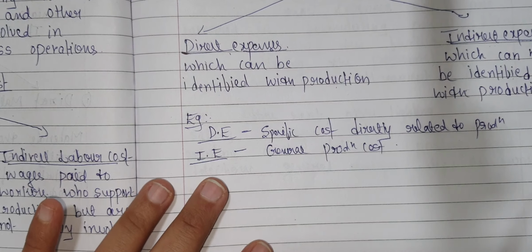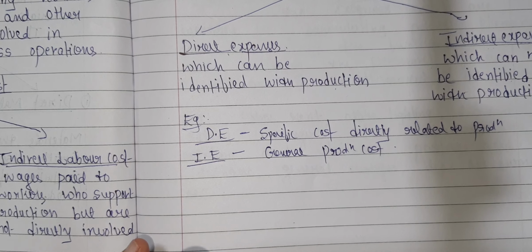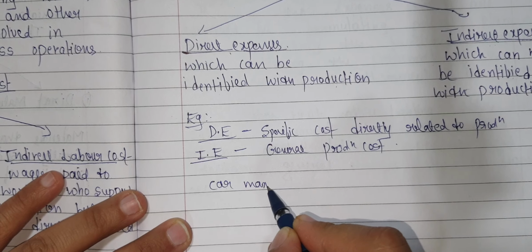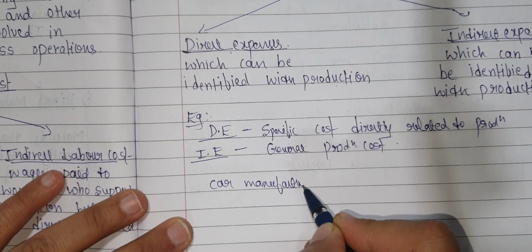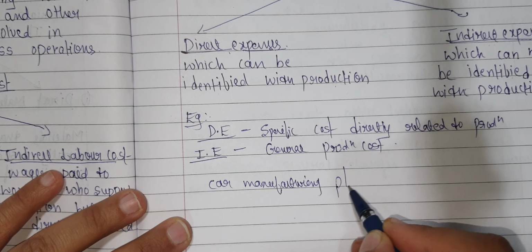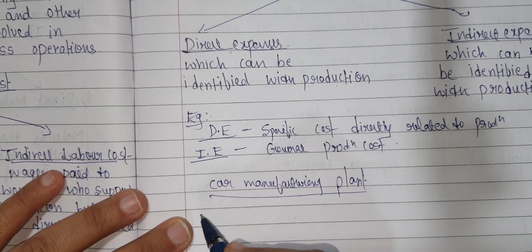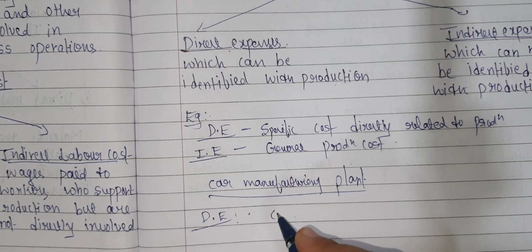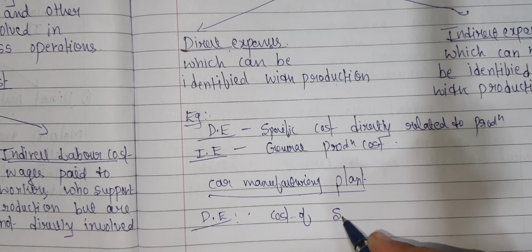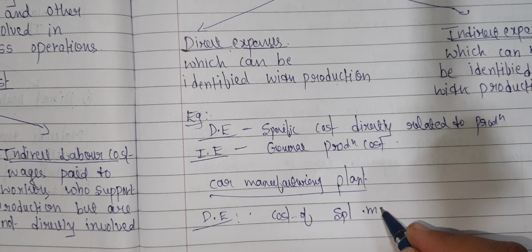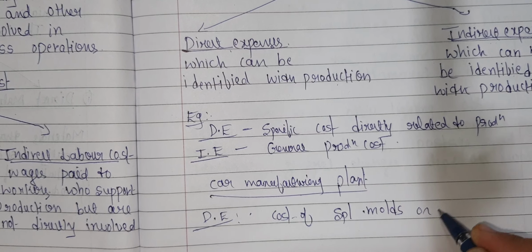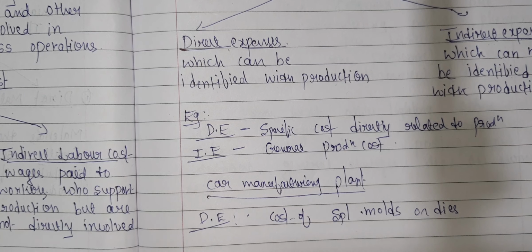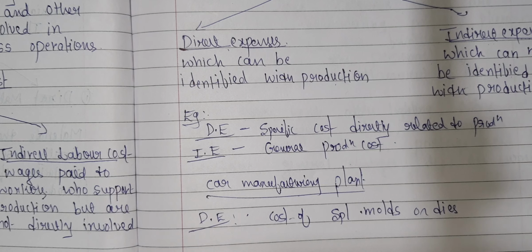Here you can take one more example, a car manufacturing plant. What are the direct expenses? Cost of special molds or dies used for a specific car model.